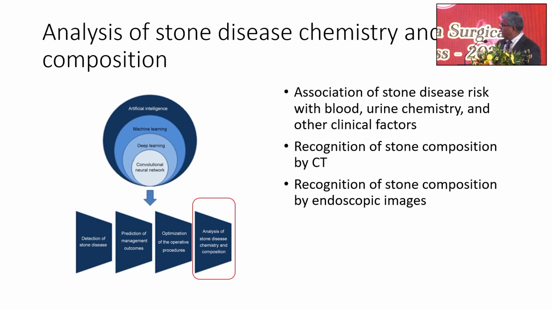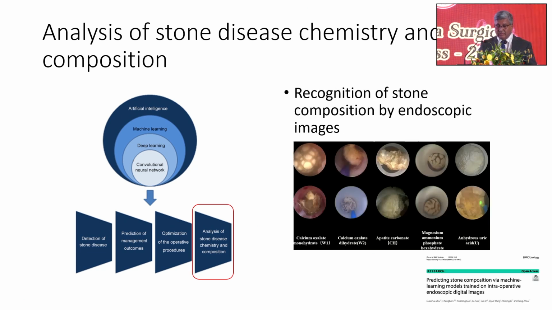And finally, as Srinath alluded, there's stone disease chemistry and composition. Sometimes it's difficult, as he said, to get stone analysis and stone chemistry. AI is going to make that very much easier for you. So look at this. These are images. If your camera is plugged into the adequate rendering software computer, as soon as you visualize it, you'll get a likelihood of this being either a monohydrate stone, a dihydrate stone, or a carbonate stone.